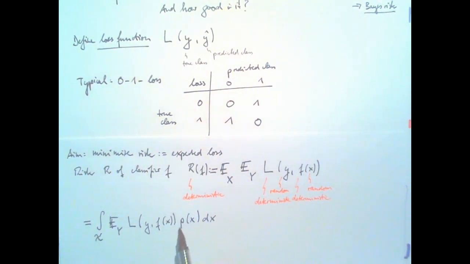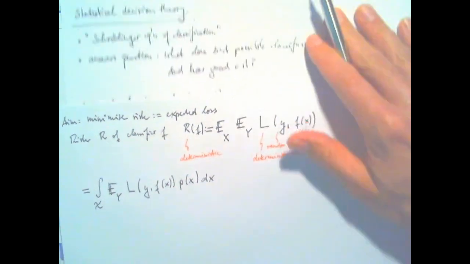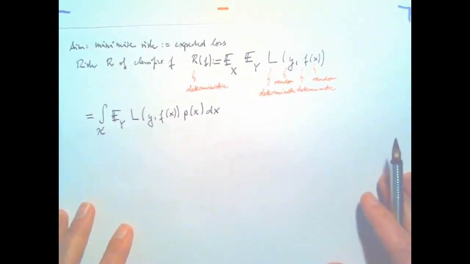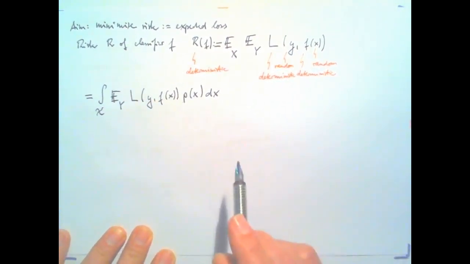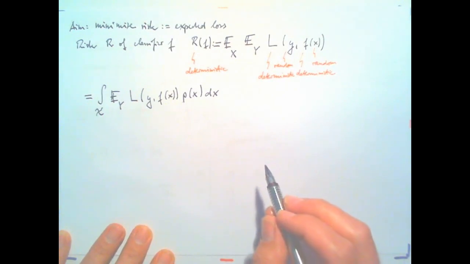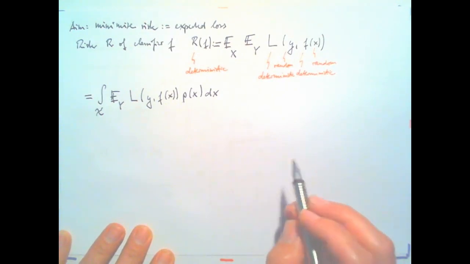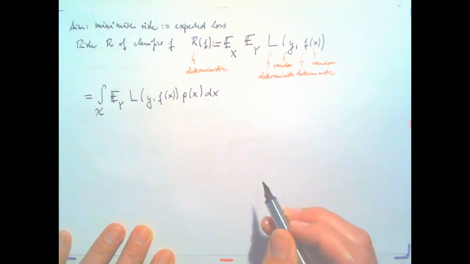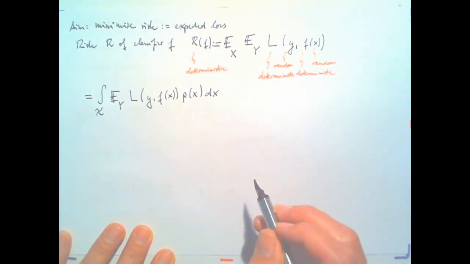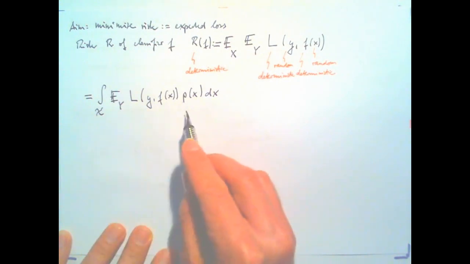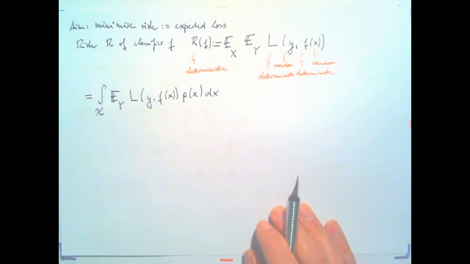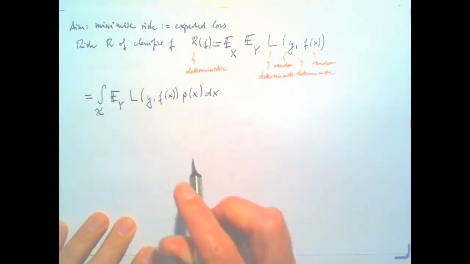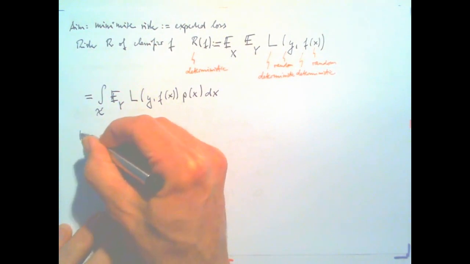So this P of X comes from the definition of the expectation operator. And we now want to minimize this thing at each point in feature space, and it is hence sufficient to just concentrate on the kernel of the integral. So if we want to make the whole expression as small as possible, we want to make it as small as possible everywhere. So we will just look here at this expectation of Y.